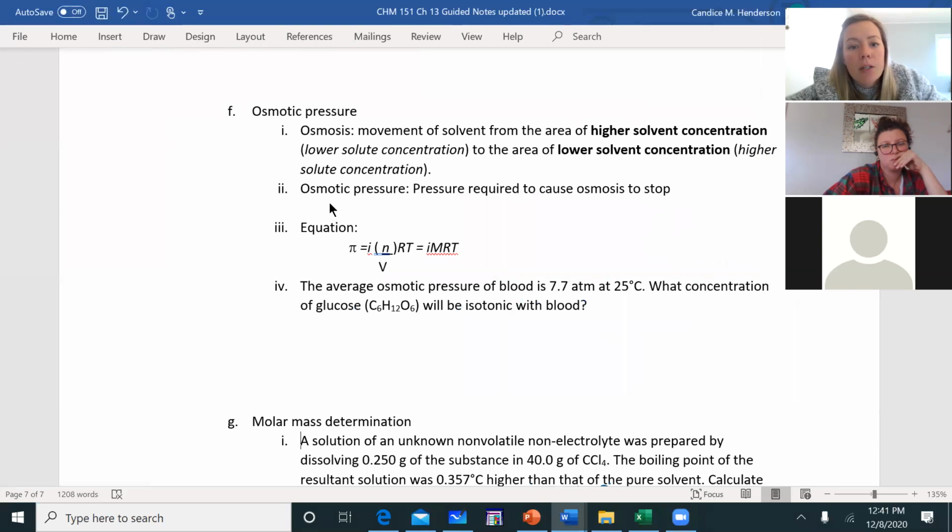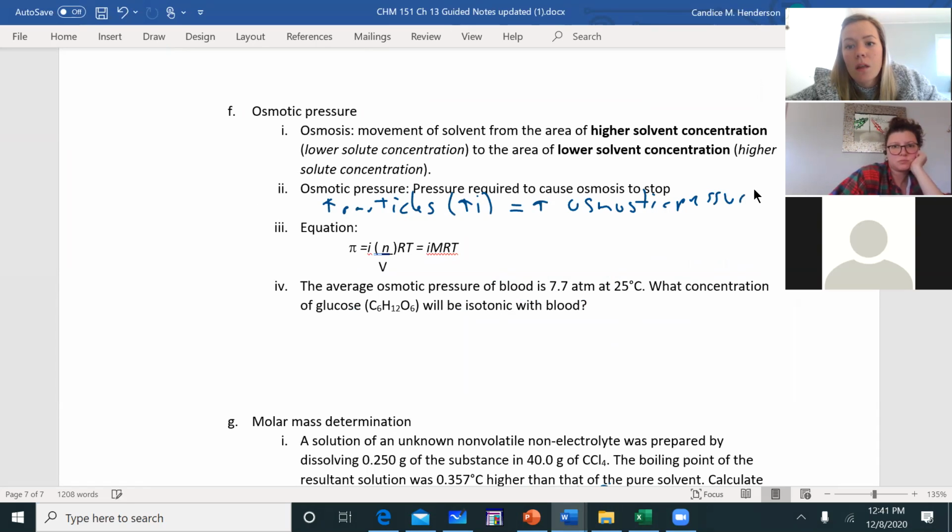Okay, so osmotic pressure: an increase in particles, or an increase in I, equals an increase in our osmotic pressure. So pi is the osmotic pressure in atm.